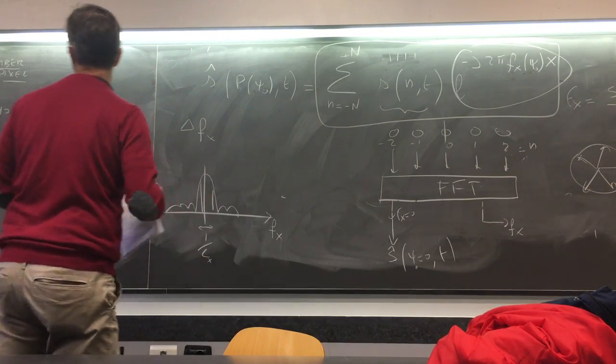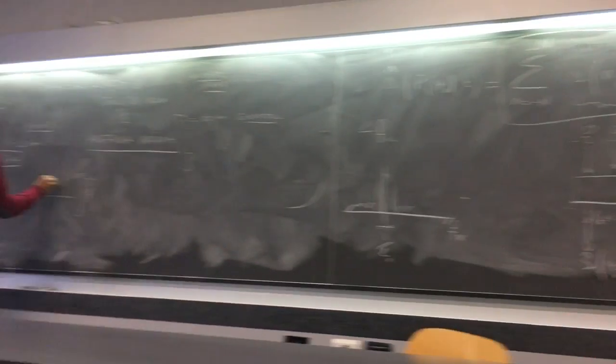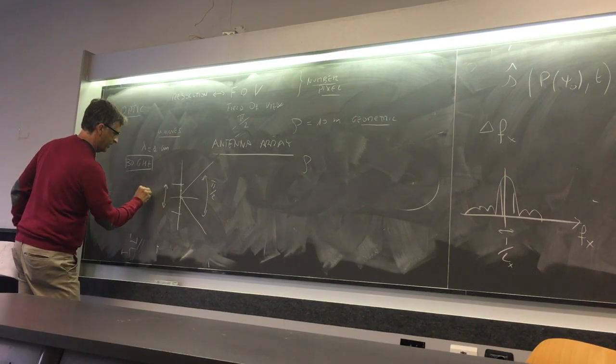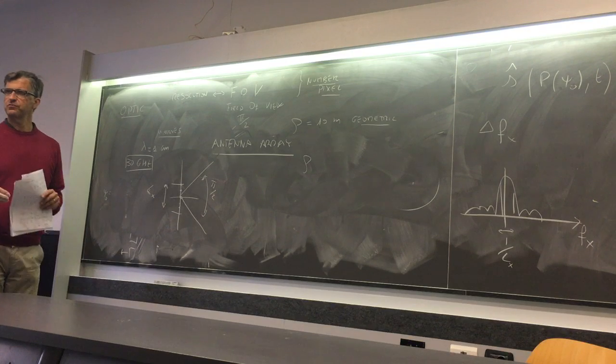Lx is the dimension of the antenna. Lx is exactly the physical dimension of the antenna.